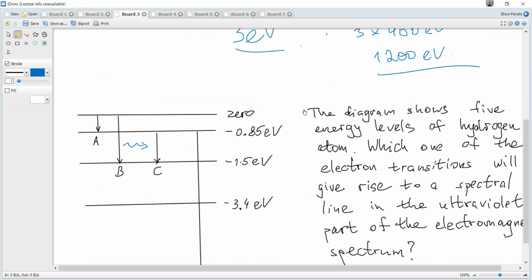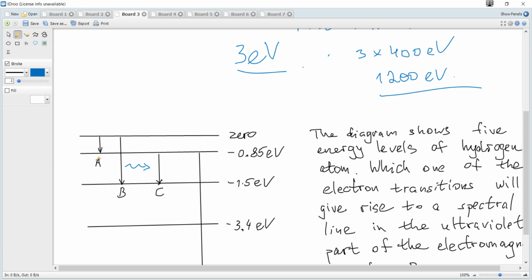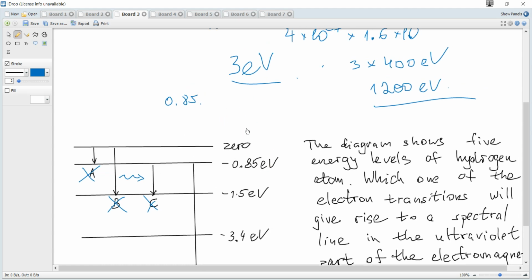So let's consider possible transitions. For A it's 0.85 electron volts, definitely much less than 3, so definitely not A. B, it's 1.5, it seems less than required. And C it's about 0.7 or something like that.